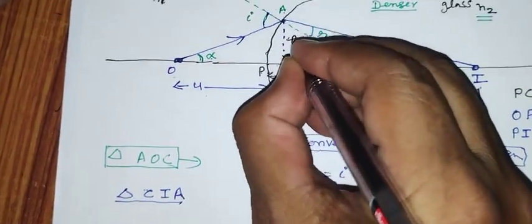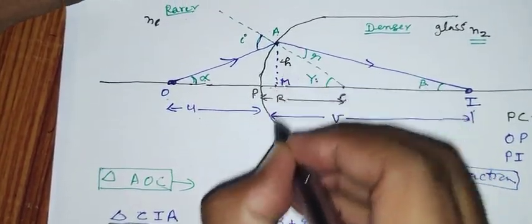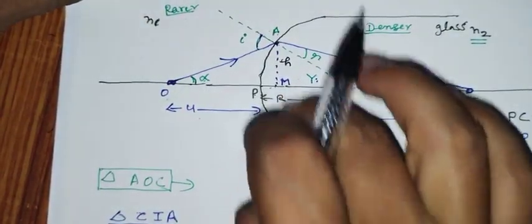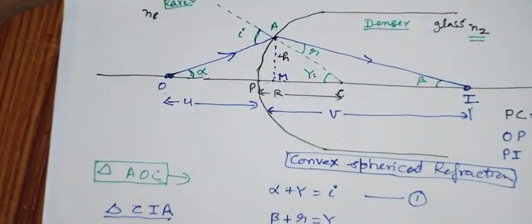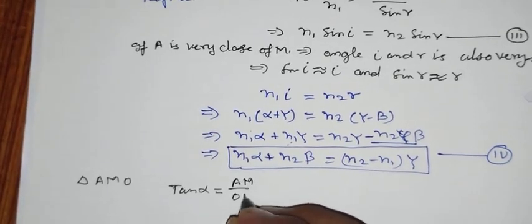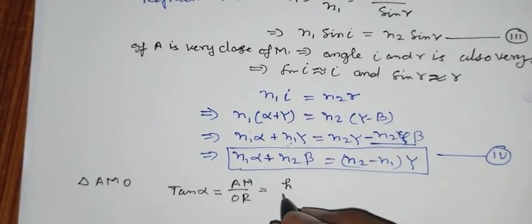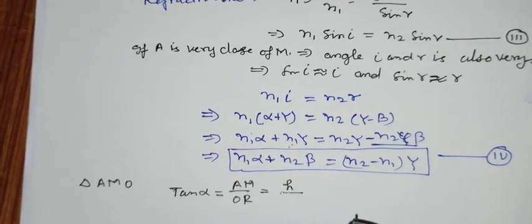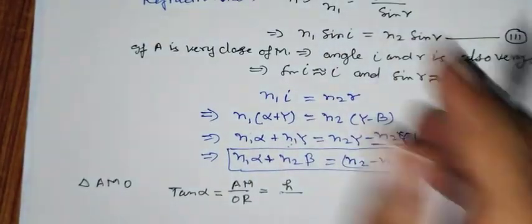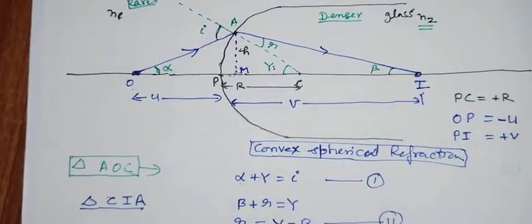AM we take as h, with a plus sign according to the sign convention, since it is above the origin. OM is approximately equal to OP, as the aperture is very small, so we take both points as a single point.